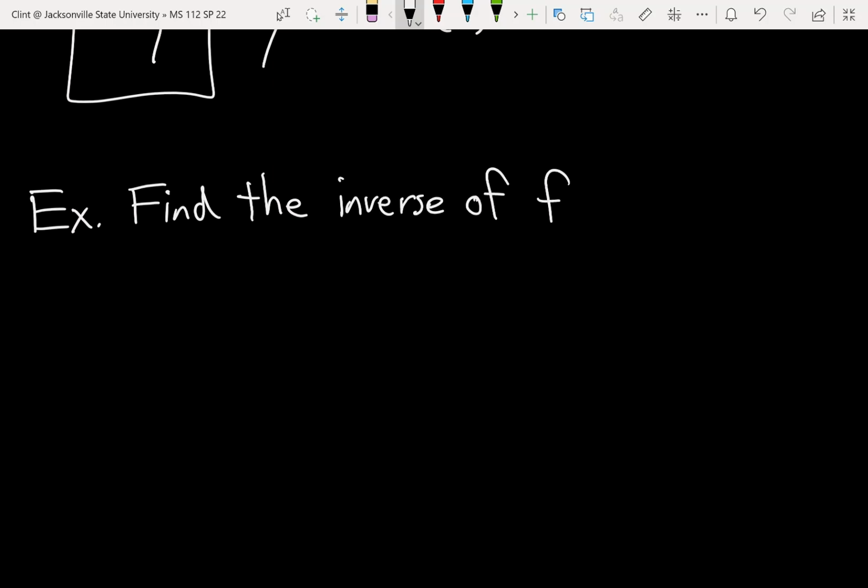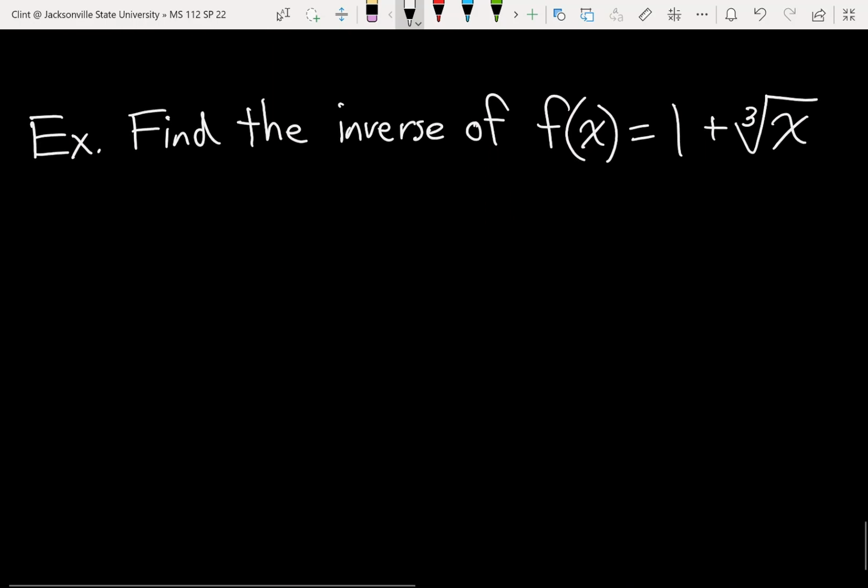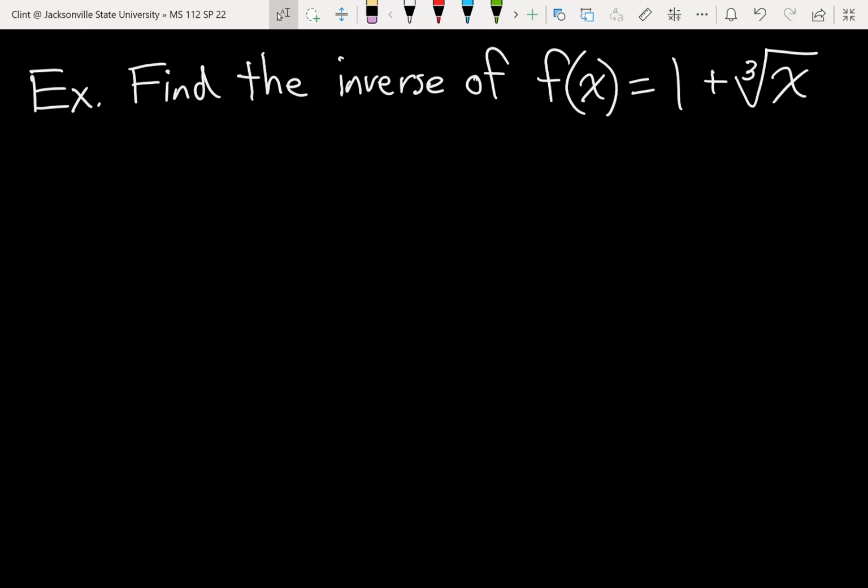F of x equals 1 plus cube root of x. So I'm going to call that y equals 1 plus cube root of x.